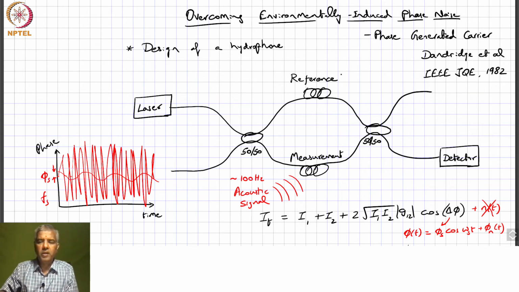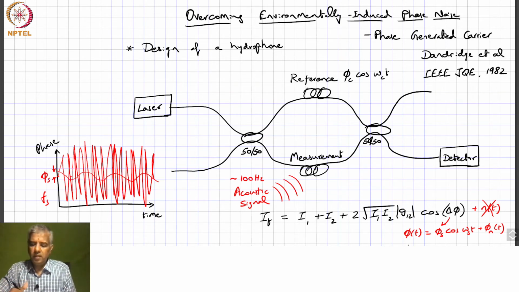So, if you can modulate your reference with a signal, let us say phi c cos of omega c t, okay. The amplitude of this is phi c and the frequency corresponds to f c, where f c can be in the order of 10 kilohertz.